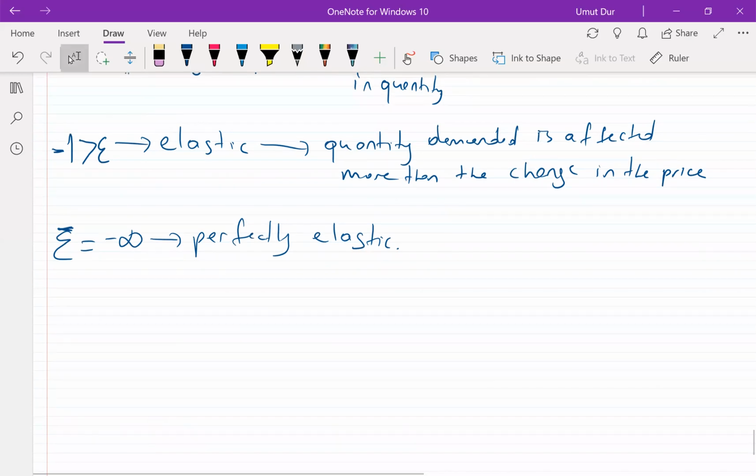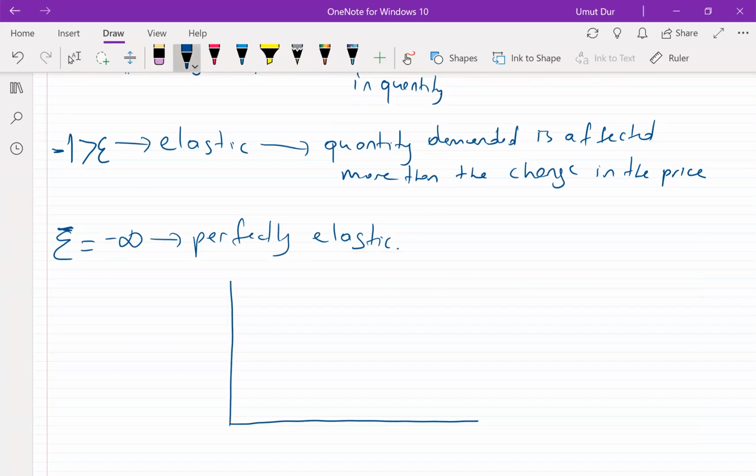So let's think about two demand curves. One of them is flatter and the other one is steeper. So this is the steeper one and this is the flatter one.